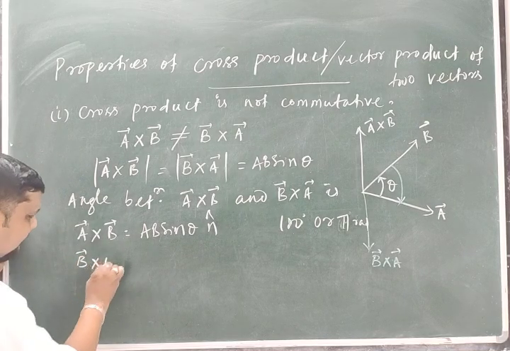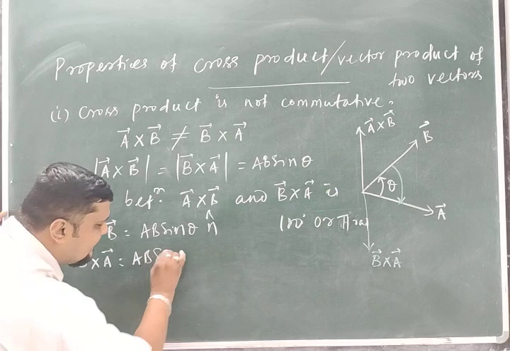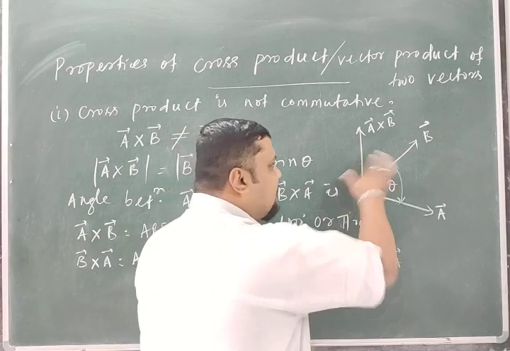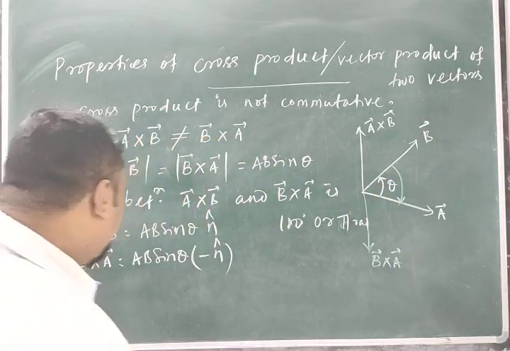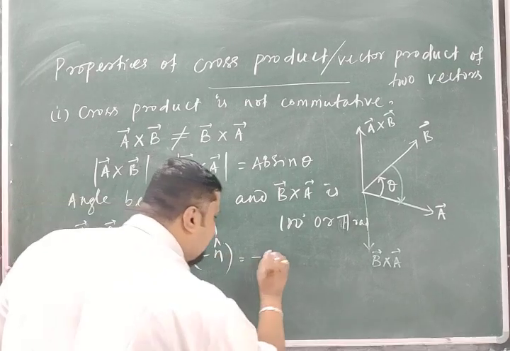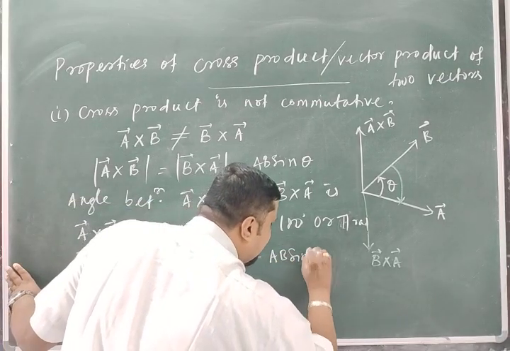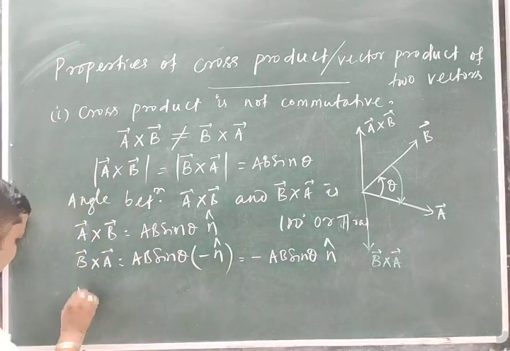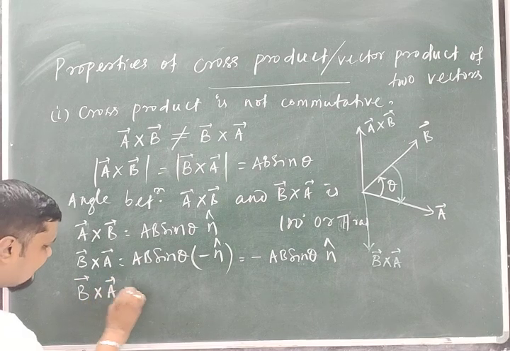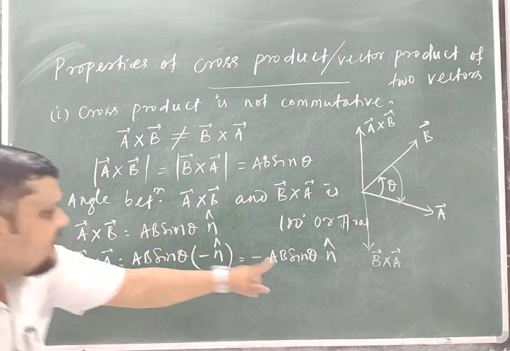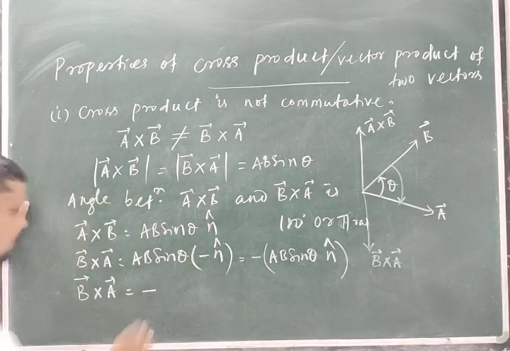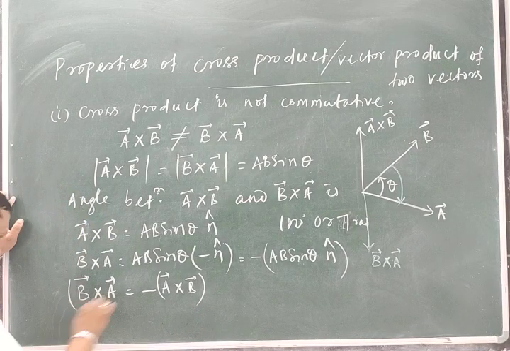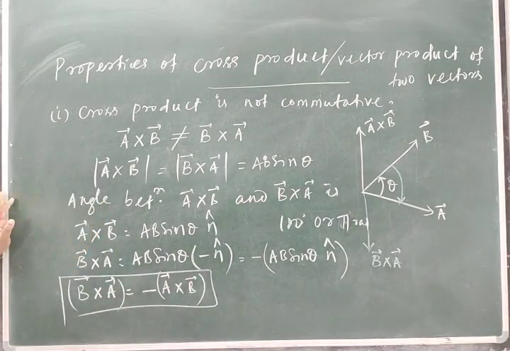B cross A is AB sine theta times n-cap, perpendicular inward, so we take the minus sign: B cross A is equal to minus AB sine theta n-cap. What is this part? This is A cross B. So B cross A is equal to minus of A cross B.